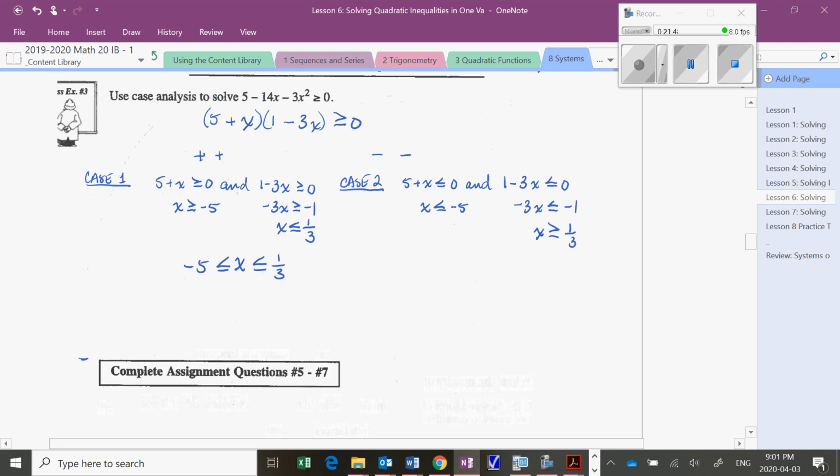And are there any values that we can think of that are less than or equal to negative 5, but also at the same time greater than or equal to 1/3? And of course, can't think of a single value that satisfies that. There's no solution on this side, so case 2 does not work, which means that our solution is simply from case 1.